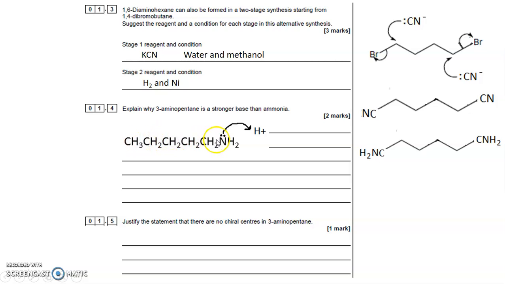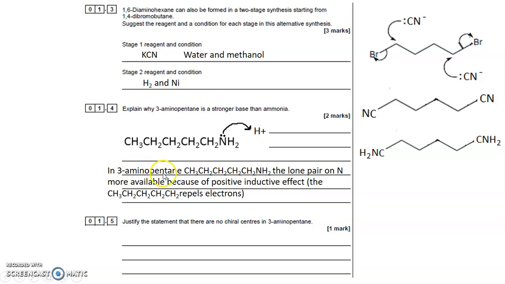Well, when something with an N in it, an amine, reacts as a base, it reacts with an H+. Bases accept H+, and it uses the lone pair of electrons to bond to the H+. And what actually happens in 3-aminopentane, which is this chemical here, the N has a lone pair which is available.